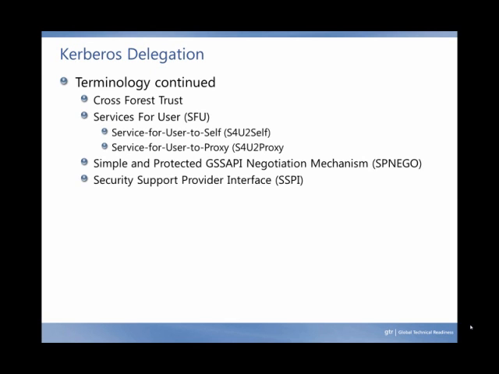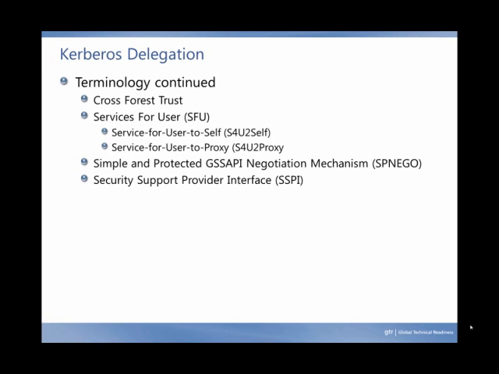A cross-forest trust is a transitive trust between two forests, where forests are a collection of domains that share a configuration container and a schema. Kerberos authentication is fully supported intra-forest by default, but for Kerberos authentication to Windows domains outside of the forest, a cross-forest trust is necessary.